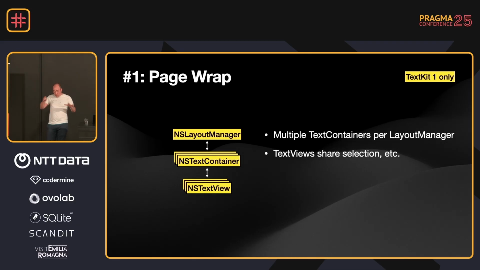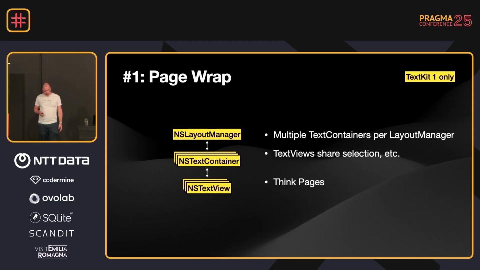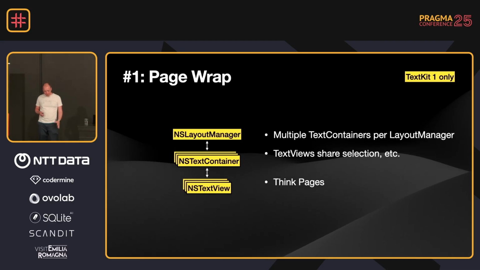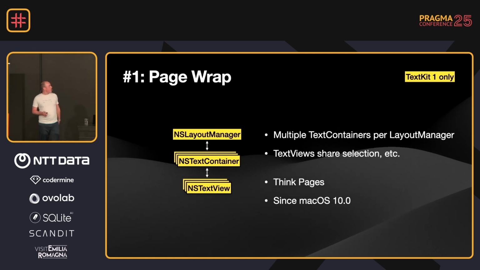They have complex mechanisms to make sure they are all on the same page. And think about pages, right? You have pages, we have multiple boxes and columns, and the text flows from one column to another. Pages doesn't use it, but as a mental model, yeah, we can talk about pages later. And it's been there since macOS 10.0, but now it's gone.